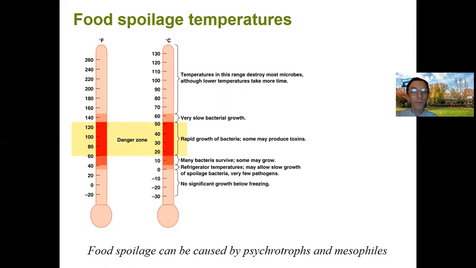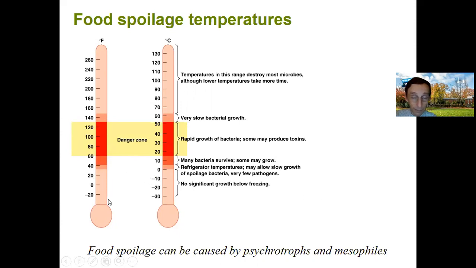But the bacteria grow much slower and it keeps better. And as you know, I mentioned in the refrigerator, you do have bacteria growing. What temperature is the refrigerator? It's way down here to 10. But that food can be kept for a week and it'll be fine in the refrigerator.